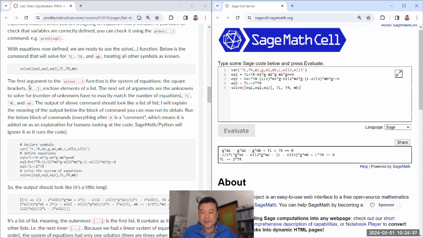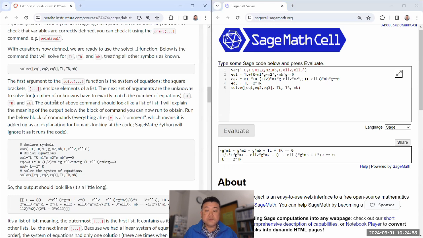Let me read the rest. The first argument to the solve function is the system of equations. The square brackets enclose elements of a list, the Python object. Again, if you use parentheses, it'll be a tuple. And for our purposes here, they are functionally equivalent. The next set of arguments are the unknowns to solve for.